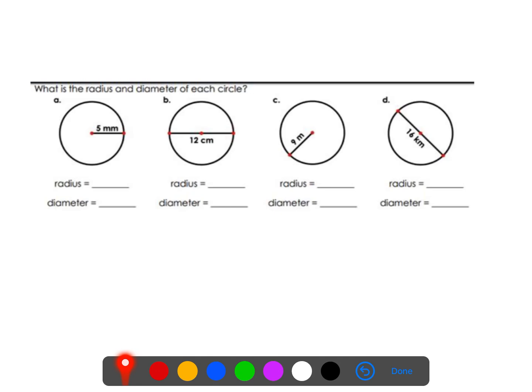So, if we have one radius, again from the center of the circle to the outside edge, that will equal half of the diameter. And hopefully that makes sense, because if I were to take this radius in circle A, which is 5 millimeters, I'm going to go ahead and record that.